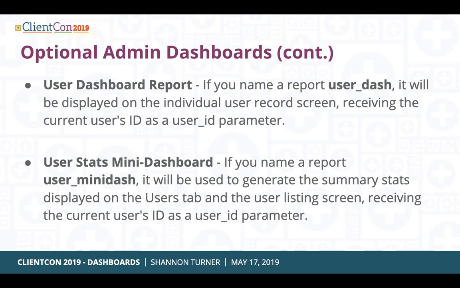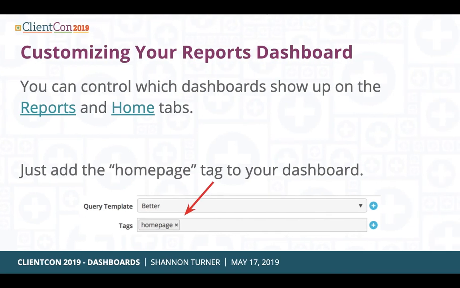So it's displayed on the individual user record screen, and in the user dash, you see all of that information about that user. You can also control which dashboards will show up on your Reports tab and your Home tab if you add the homepage tag to your dashboard.